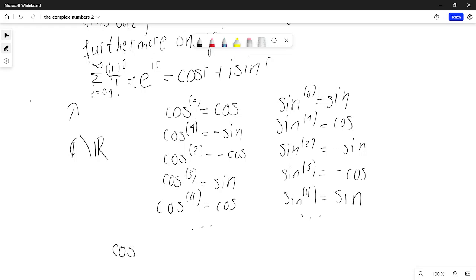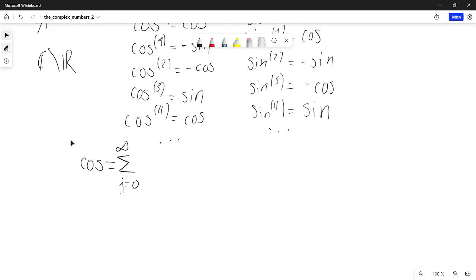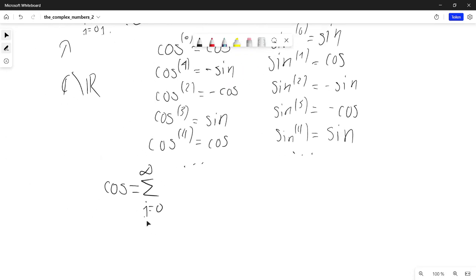So cosine is equal to what? If we just consider that, and we again say it converges, but the question is what exactly do we have? Well, let's look at this.